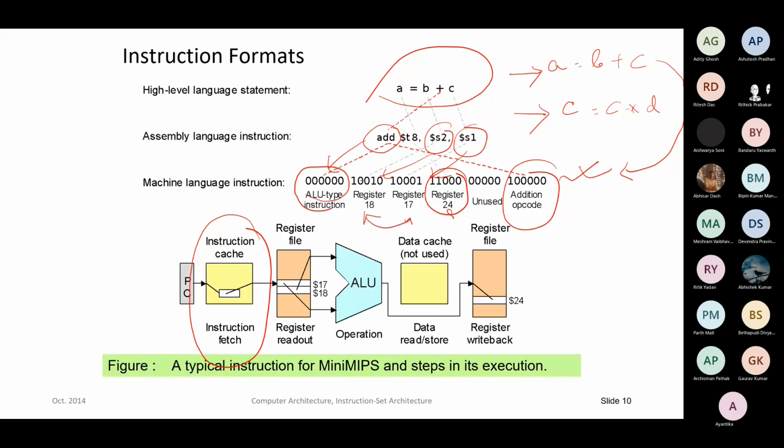Okay. So the basic idea is that whatever you are writing at the high level gets mapped to binary, and this binary gets stored in the instruction memory. Now, during the course of execution, this is the program counter. We term it as PC.